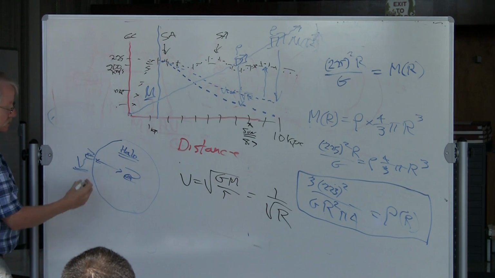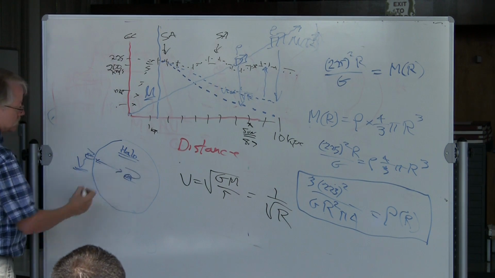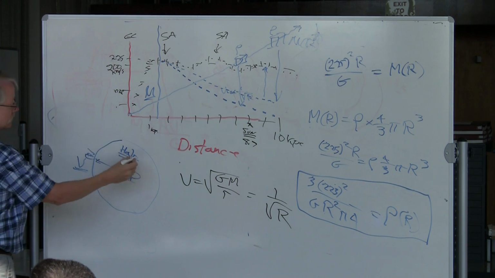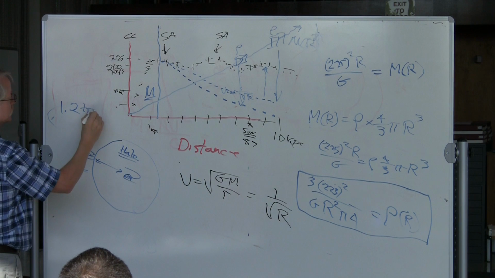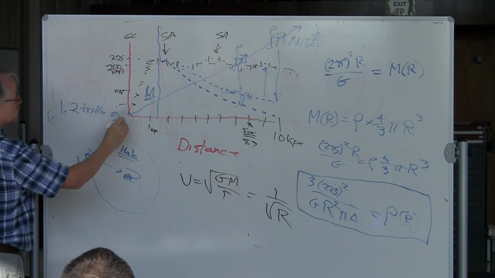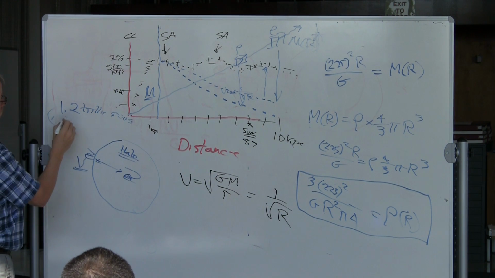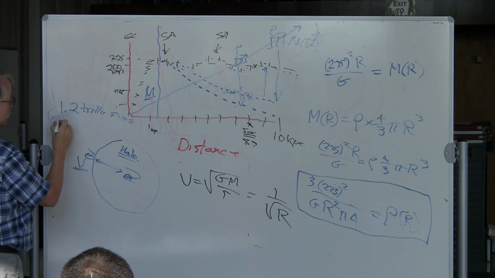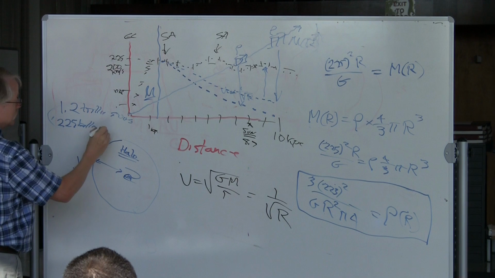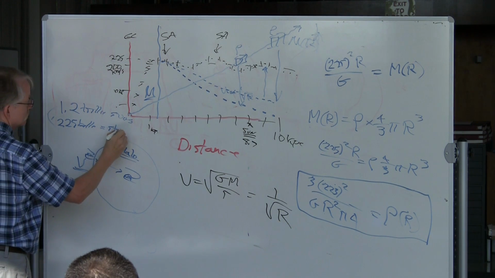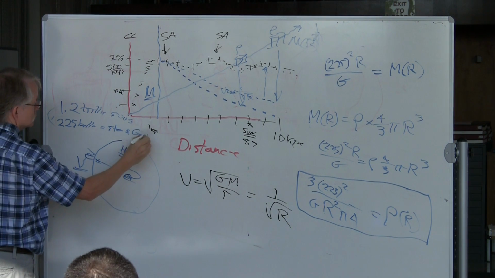Currently, the measurements that have now been made and the models that have been constructed indicate that the total mass of the Milky Way is 1.2 trillion suns. Of this, about 225 billion is in stars and gas.